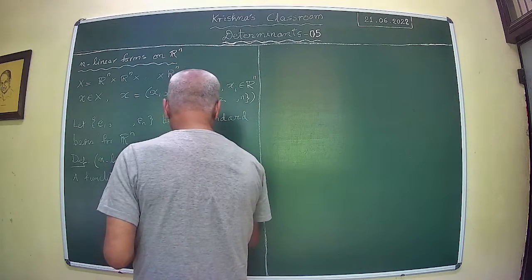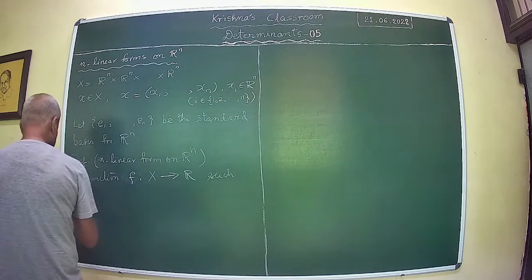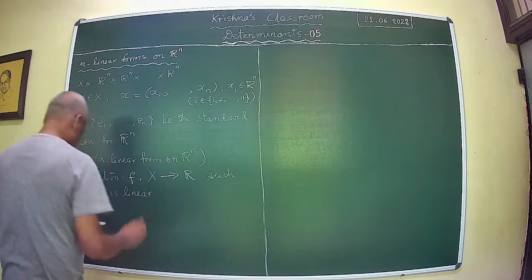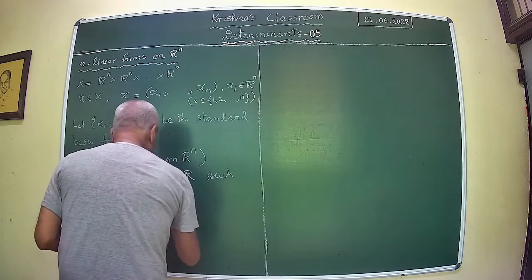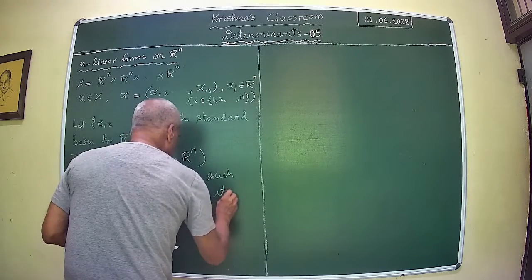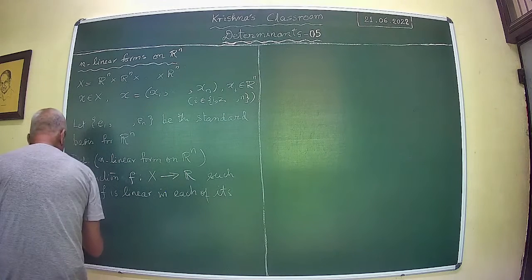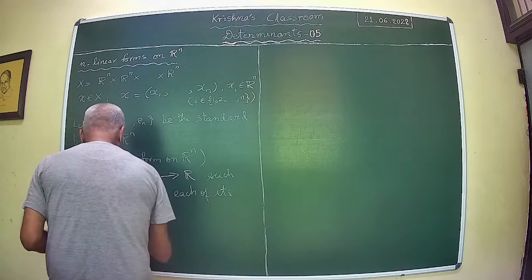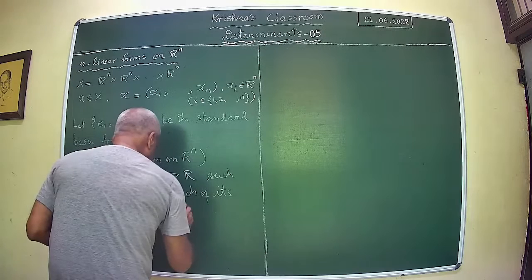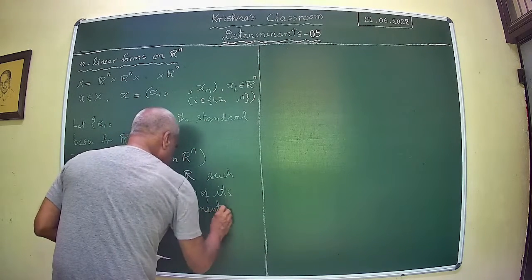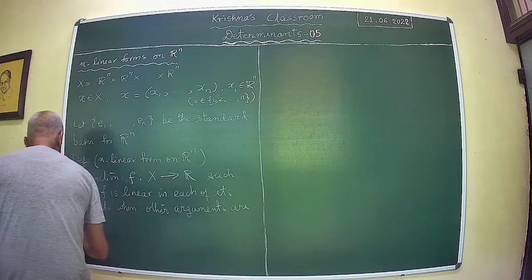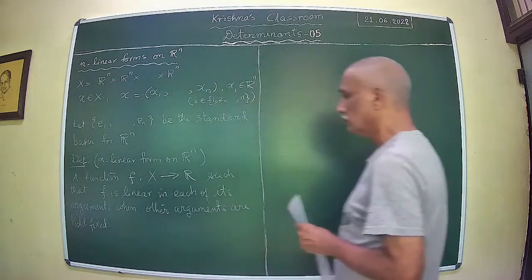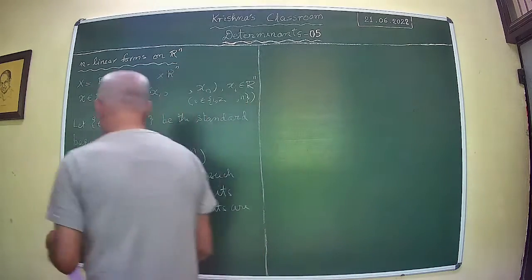Such that f is linear in each of its arguments when the other arguments are held fixed. Such a function is called an n-linear form.